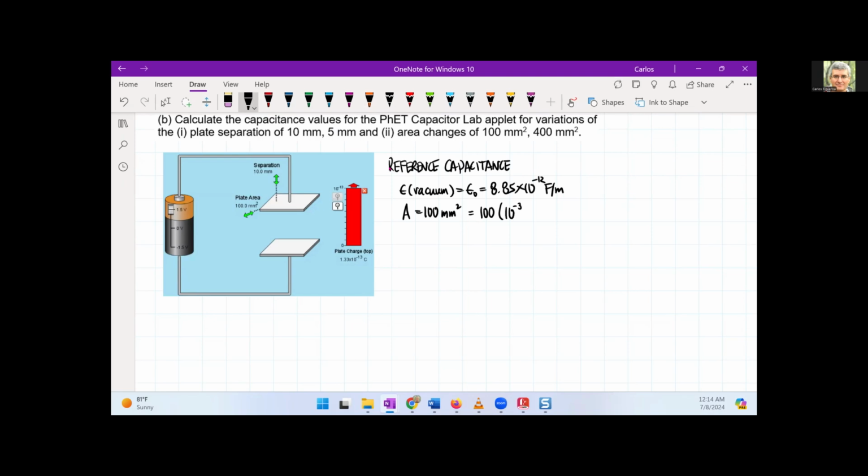So 1 millimeter is 10 to the negative 3 meters, so squared that's 10 to the minus 6. So then this becomes 10 to the minus 4 meters squared. And then finally, we have our plate separation, which is 10 millimeters, or we could write this as 0.01 meters.